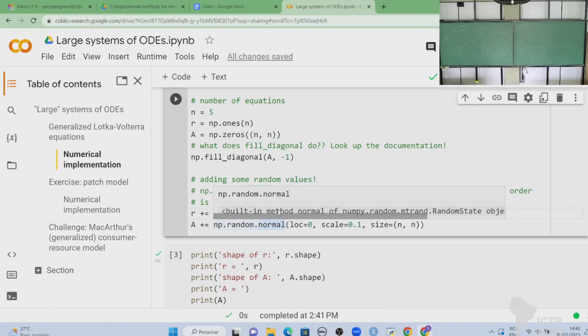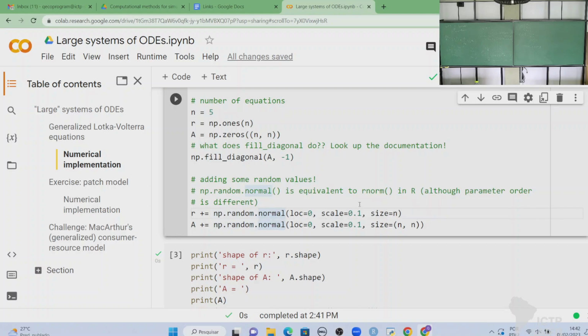You have probably used rnorm in R. This is exactly the same as rnorm, although I think the order of the parameters is a bit different. There's loc, which is the mean of the normal, scale, which is the standard deviation, and size, which is the number of values that I want as output, right?